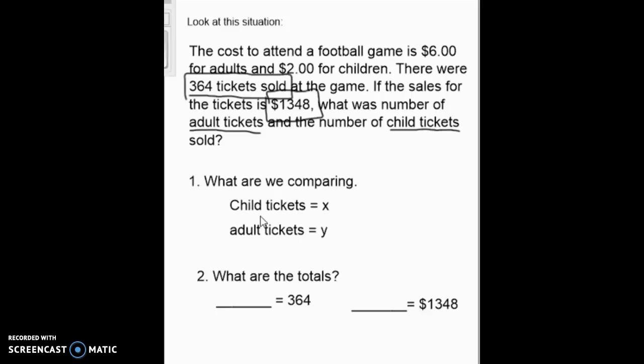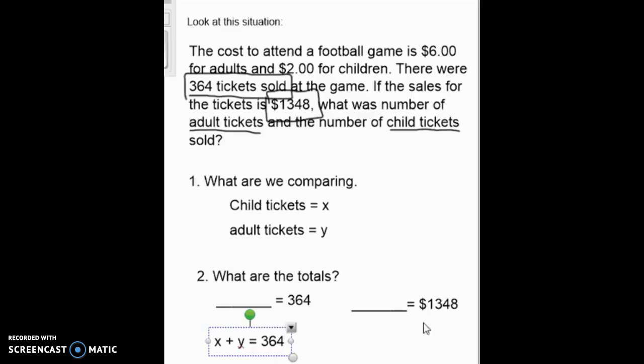So the total of child tickets plus the adult tickets is going to equal our total number of tickets. So this equation easily becomes our child tickets, which we are calling X, plus our adult tickets that we are calling Y, equals a total of 364 tickets. That's what the problem gave us. So there's one of our equations filled in.